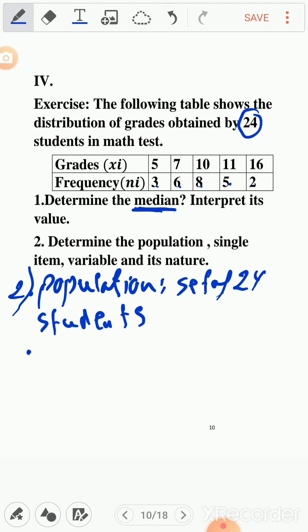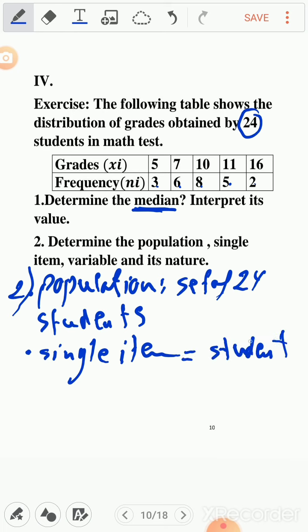The single item is an element in this set. What is an element in this set? It is a student. The single item is a student. What is the variable?